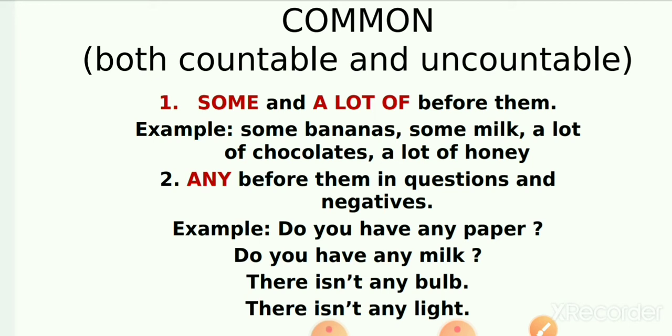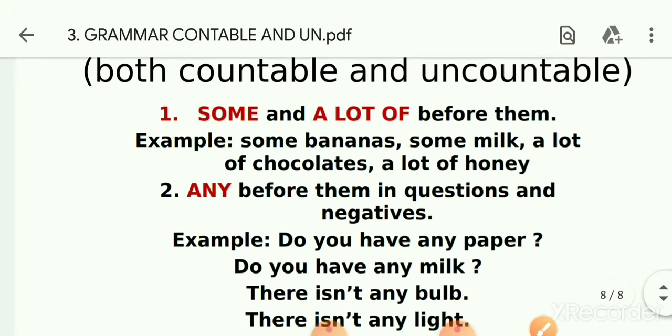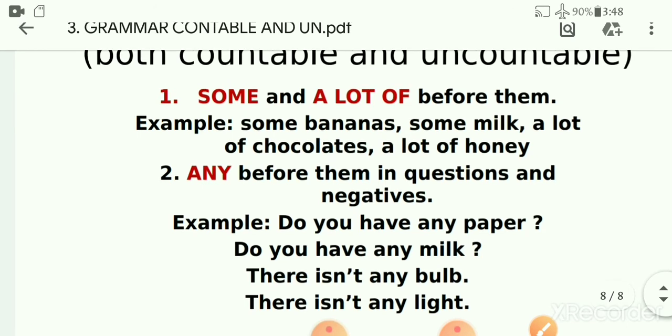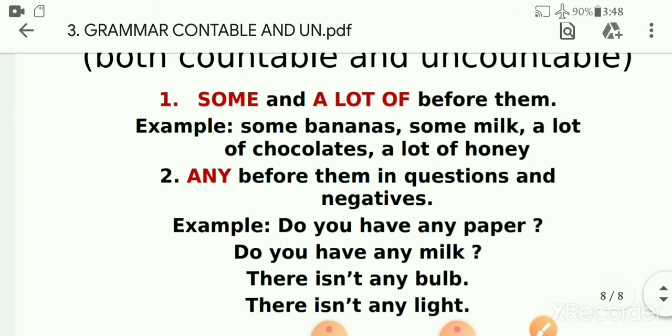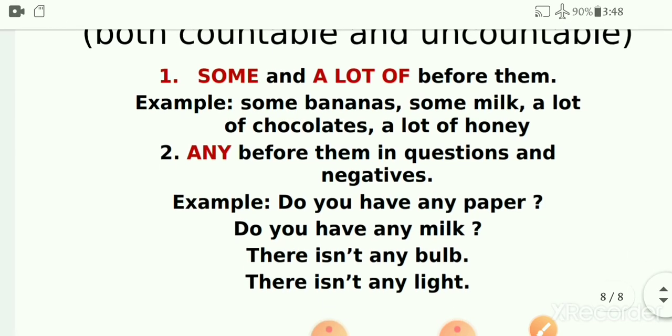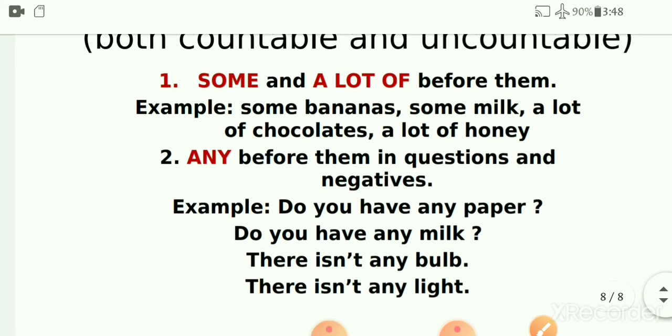You can also use some before uncountable nouns. A lot of chocolates. You can count chocolates, so a lot of can be used. Then a lot of honey. You can't count honey. Honey is an uncountable noun. So you can use some and a lot of before both uncountable and countable nouns.